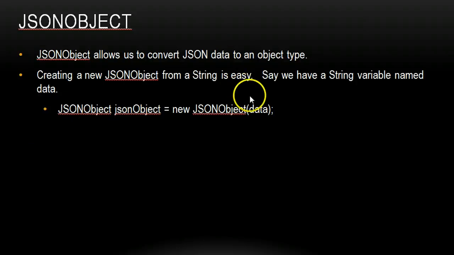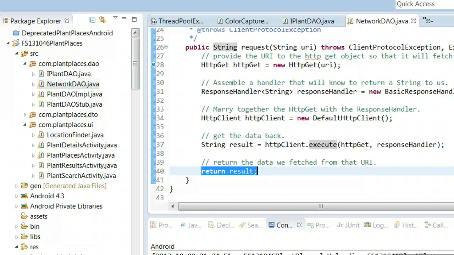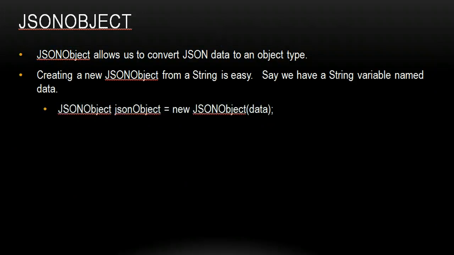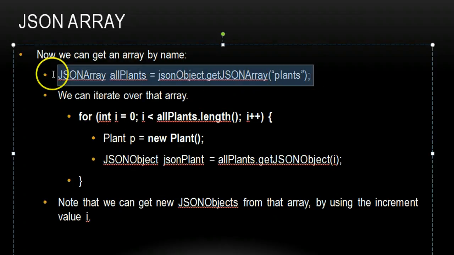So to use JSON, we're going to take this entire string of data that we're getting back as a result when we request this URI, and we are going to pass it into a JSON object. Now, from that JSON object, we can get out either an array, like so, or individual name-value pairs, depending on what that JSON looks like.